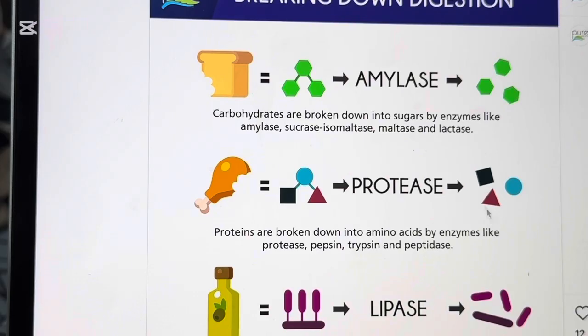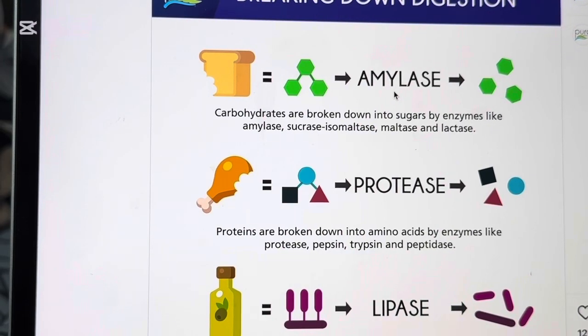You see? So this is the intro overview on the three types of enzymes. Now we will get down with the different types of enzymes found within each enzyme, okay? Let's get down with the details now.